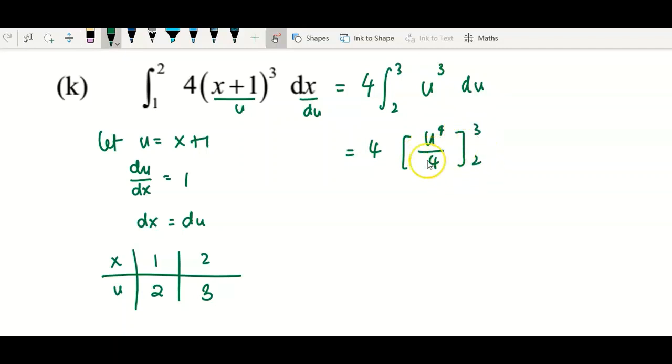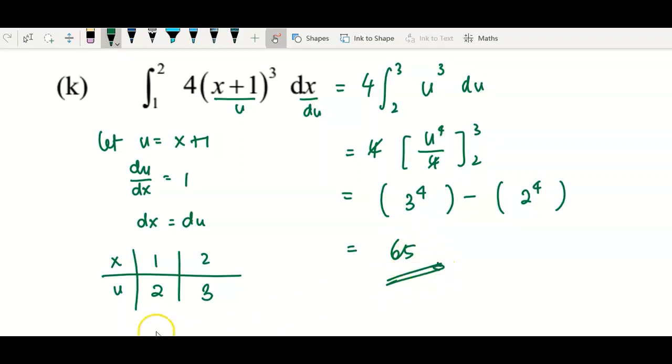Then put in your limits. The 1/4 here I can take out and cancel with the 4. That would be 1. Now substitute the upper limit first: you have 3 to the power of 4 minus, substitute the lower limit, you get 2 to the power of 4. Final answer, that will be 65.